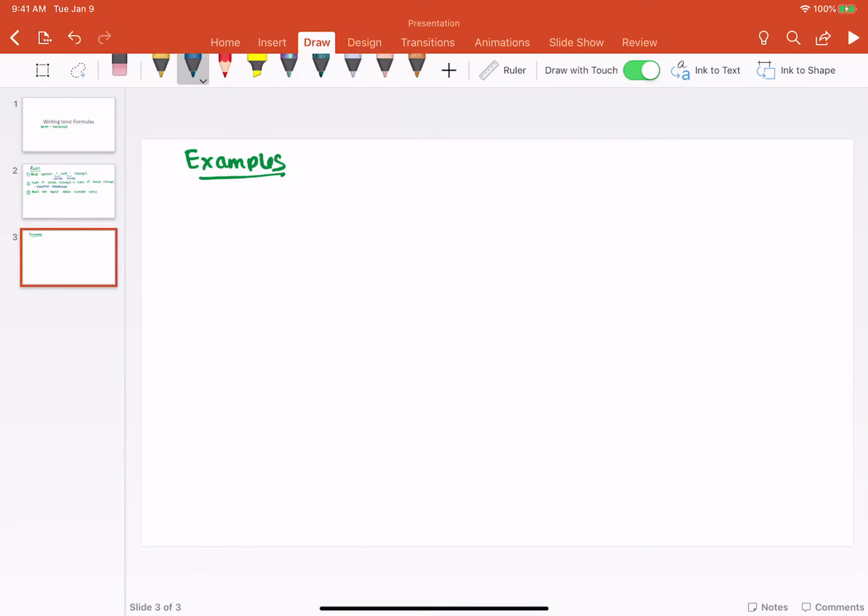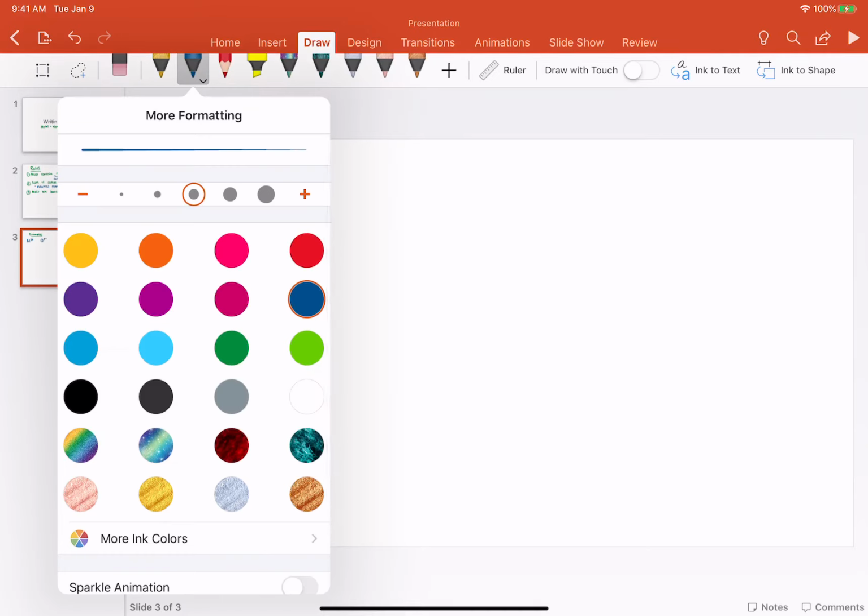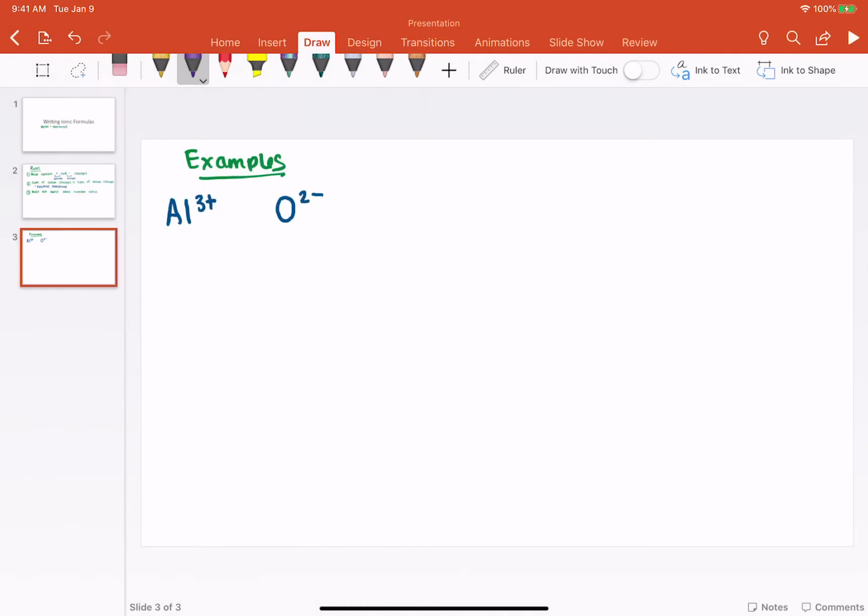Let's use aluminum 3+, so the aluminum 3+ ion, and oxygen 2-, so the 2- anion. So the way that we do that is we take these charges and we move them to the subscript of the other atom.